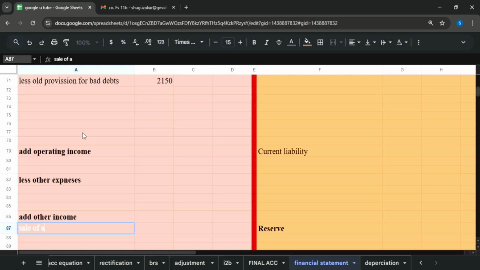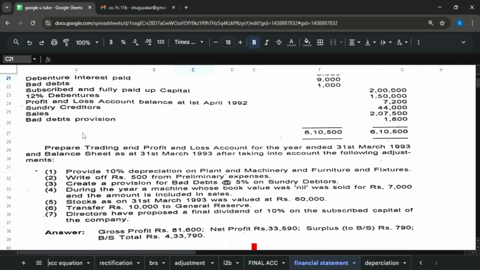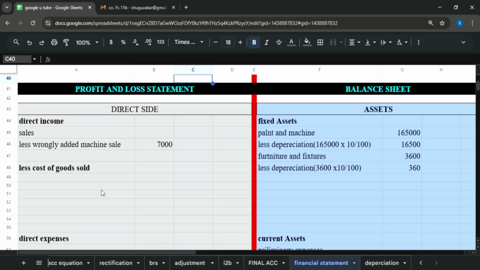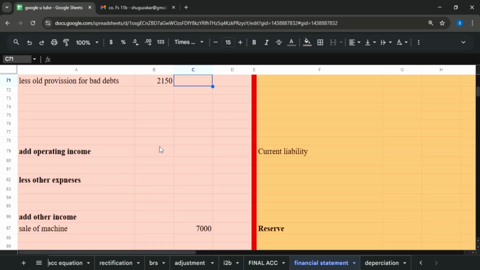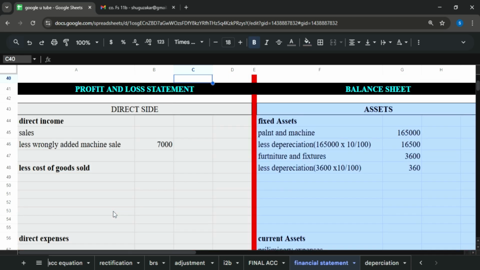Sale of machine. Here you will mention that this was purely a profit. Guys, you have seen dual effects. First we have subtracted from sales, and then we have presented it on the other income side as your income.